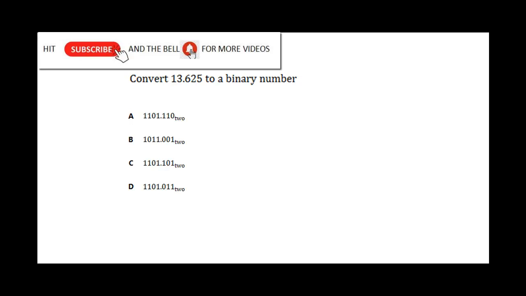Now the first thing you need to do is, we have two parts in this question. We have the 13 part and we have the 625. So this is in base 10. We are converting to base 2. So the first thing we need to do is follow up on the 13 and we convert that to base 2. So this is 2 into 13.